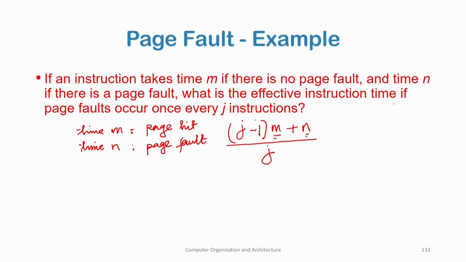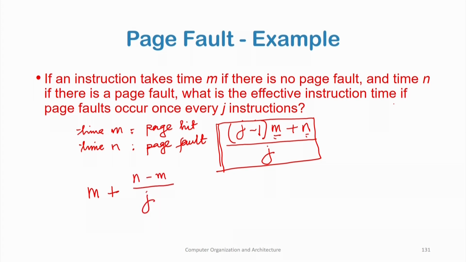So what is the effective, that is, the average instruction time? The average instruction time is given by m plus (n minus m) by j.